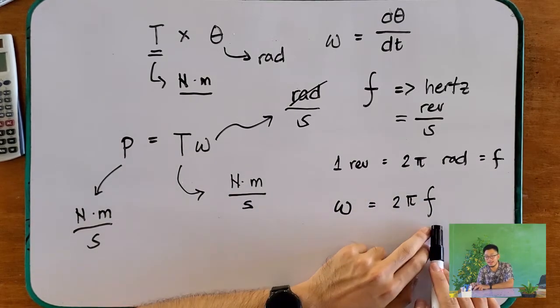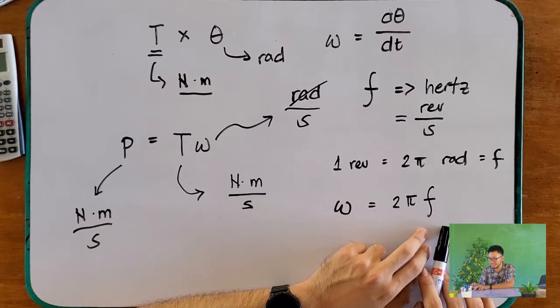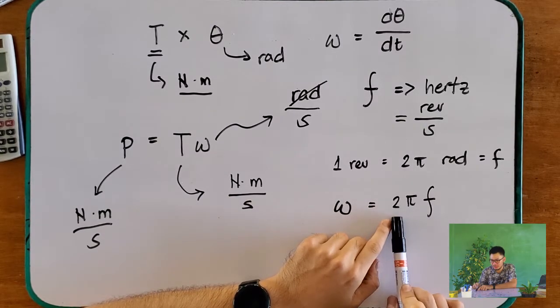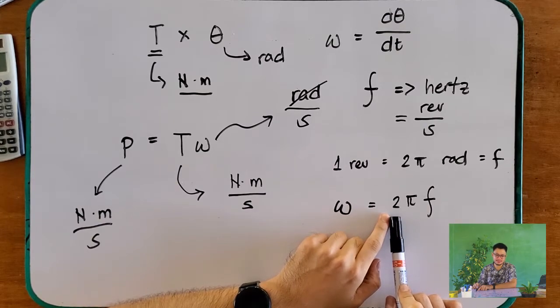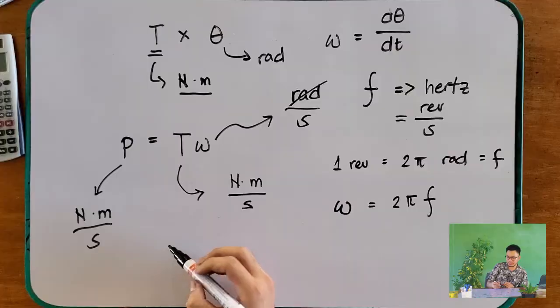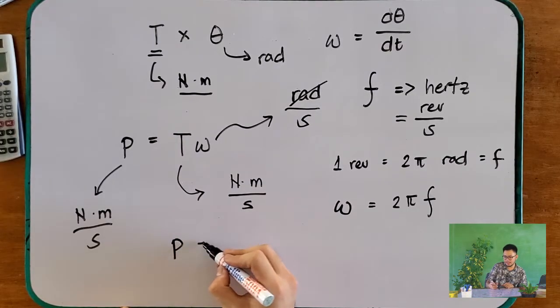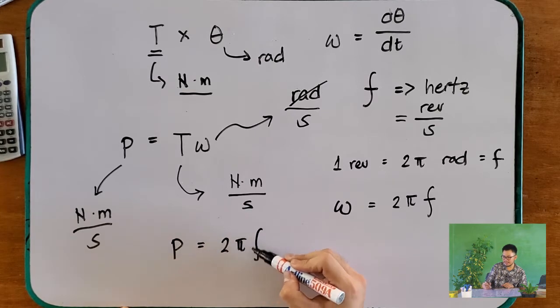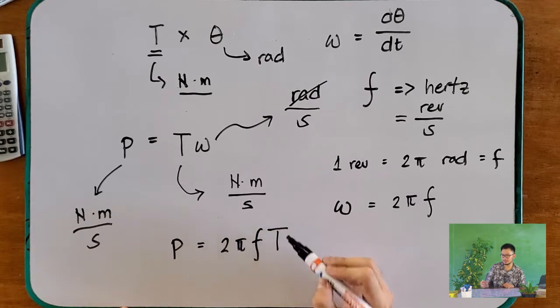So this is the number of cycles per second, and this one is for you to convert your revolutions into radians. Okay? So therefore, to simplify this one further, you can get that your power is equal to 2 pi frequency times torque.